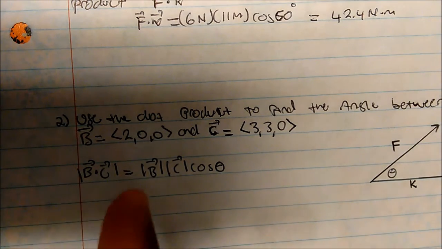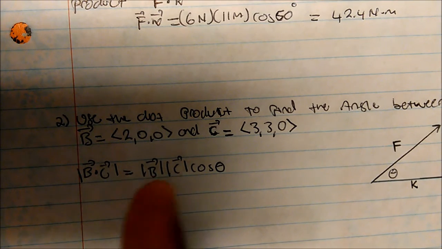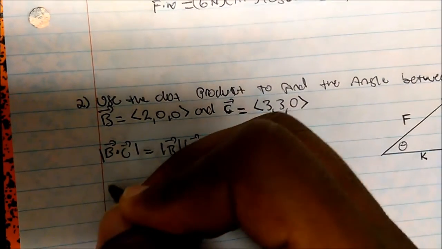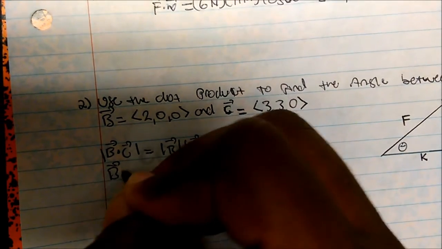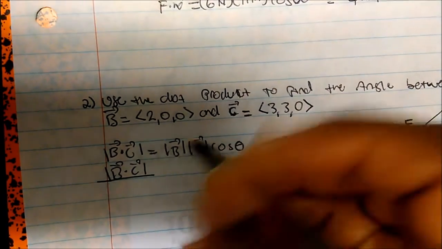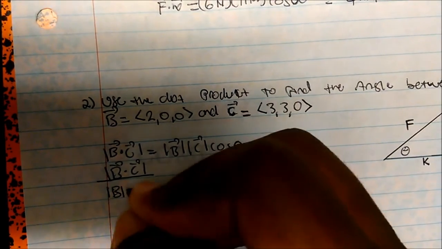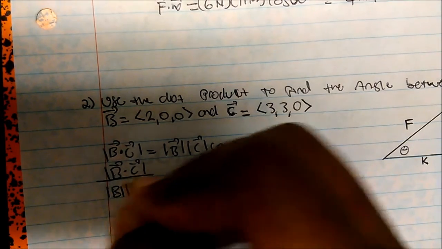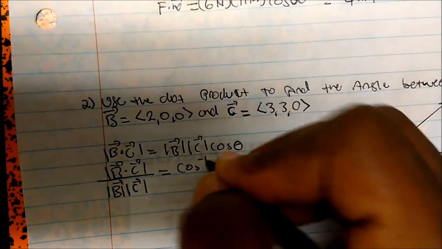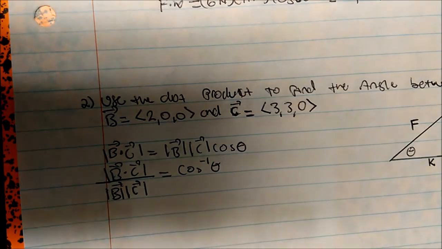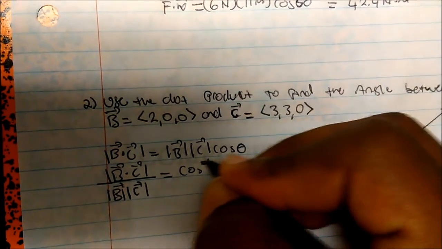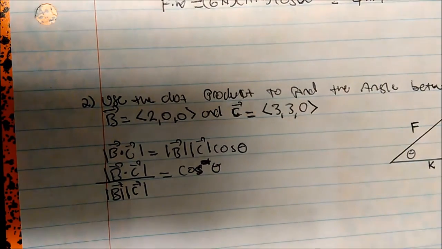Okay. So you could imagine if I divide by B times C, then I get the magnitude of B dotted into C divided by the magnitude of B times the magnitude of C. That will be equal to cosine of the angle.